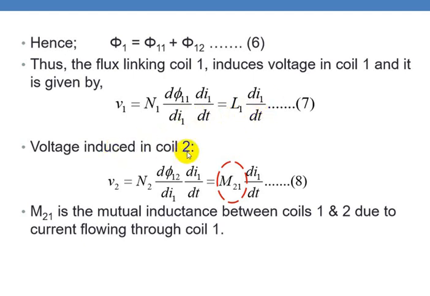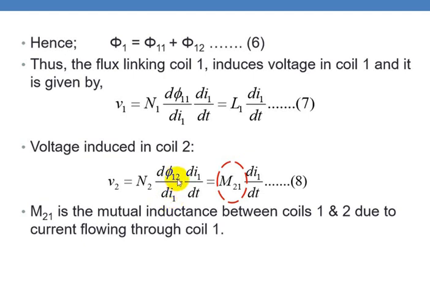Similarly, voltage induced in coil 2 is called as V2. So now the voltage is induced because of the current flowing through the first coil, and because of the current flowing through the first coil, some part of the flux will be linking the neighboring coil, that is called as phi 12. So therefore V2 is written as N2 into d phi 12. This is a flux produced by current I1 linking with the neighboring coil, that is coil 2.